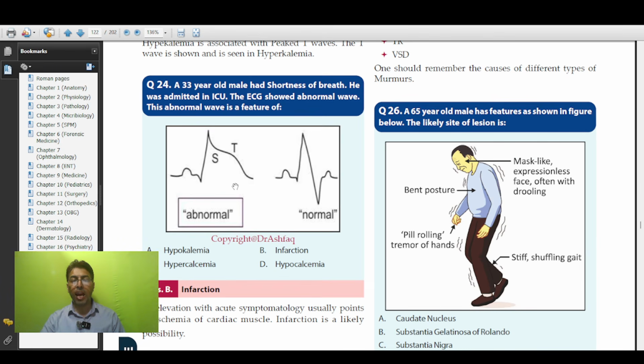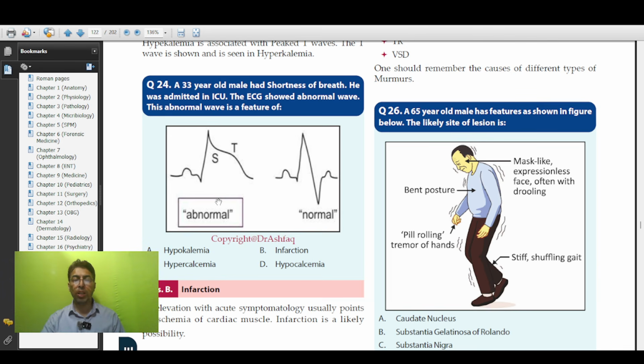The options mentioned are hypokalemia, infarction, hypercalcemia, hypocalcemia. So this simple question tests your ability to know the wave, the ST elevation, how to detect it, and ST elevation is characteristically seen in case of myocardial infarction.